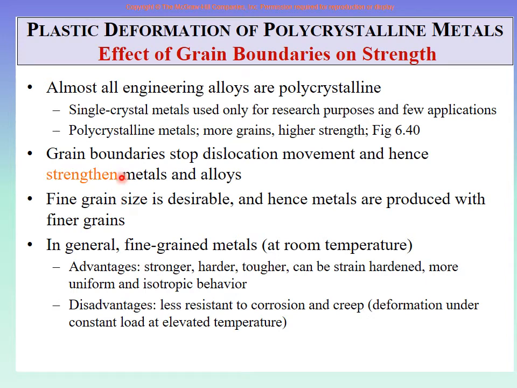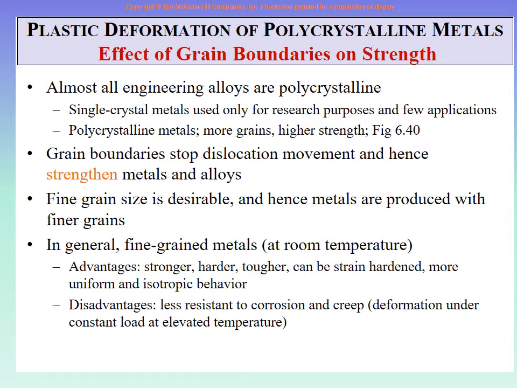Why? You see, we are saying that grain boundaries increase the strength of the material. If there are big grains, then there are only a few grain boundaries. But if there are hundreds and thousands of small grains, then there are lots and lots of grain boundaries. Do you understand? Let me repeat.